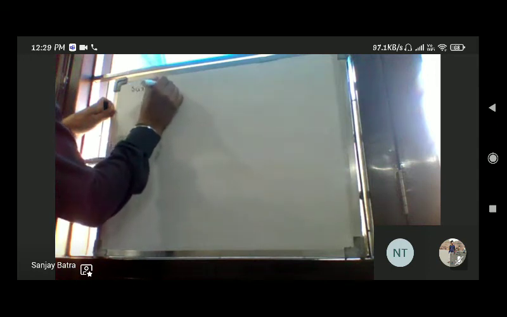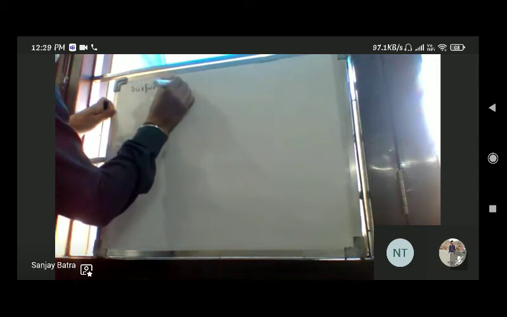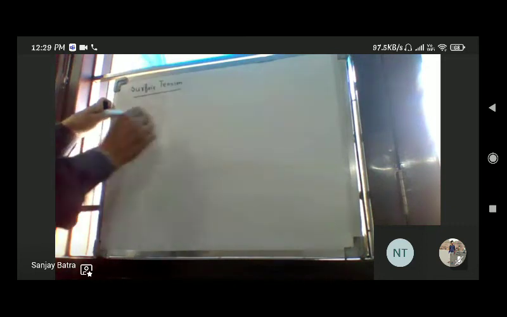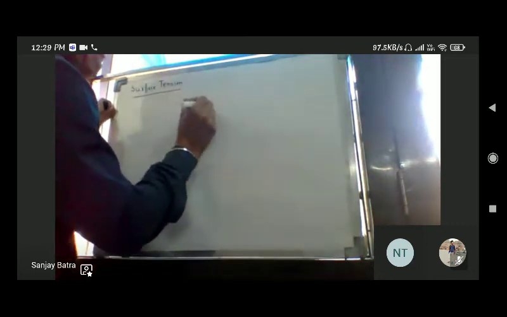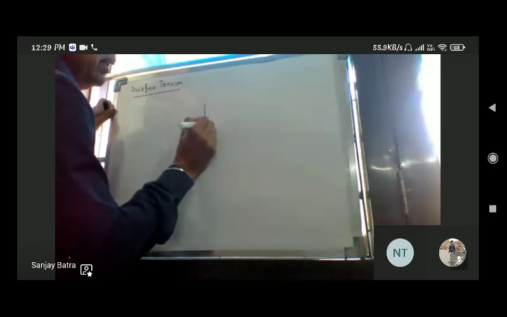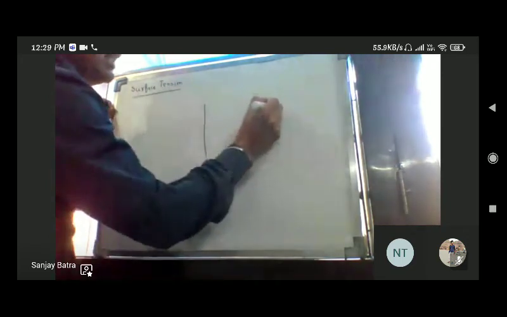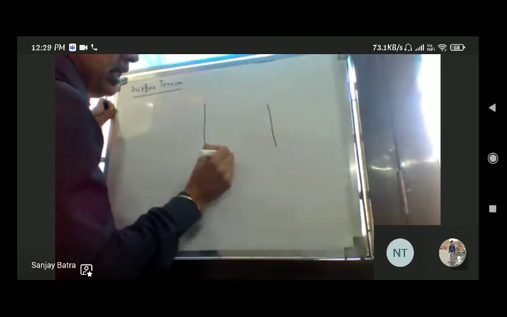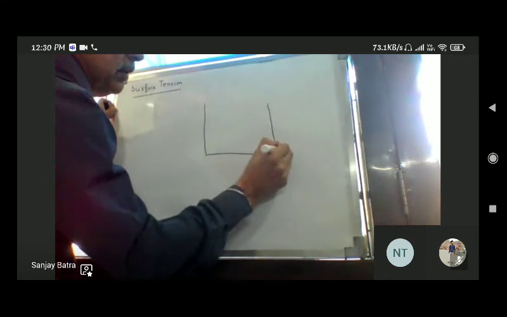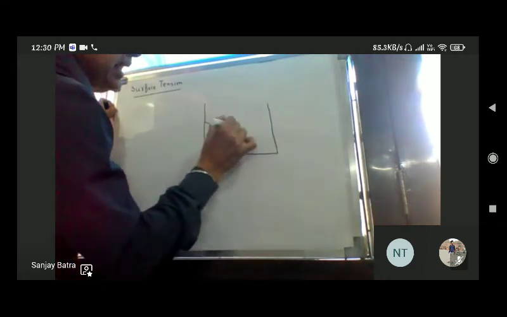Okay. So now we talk about the next property. This is surface tension. Now in surface tension, we can understand this. Let's say this is a container having water inside.